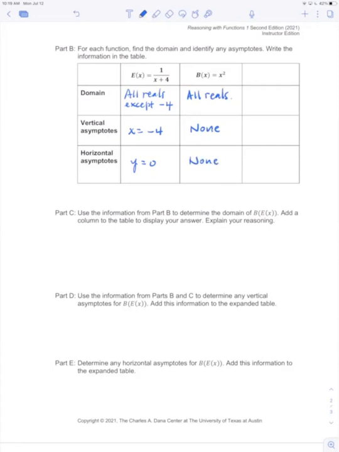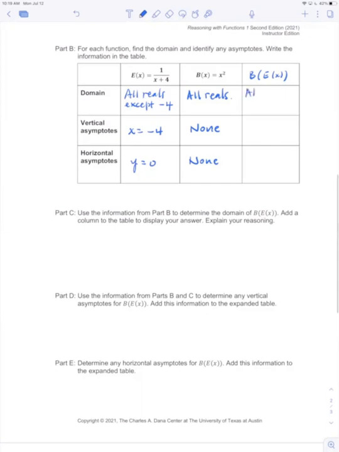Part C. Use the information from part B to determine the domain of b of e of x. Add a column to the table to display your answer. All right, so this is going to be our column here. I'll just write that in, b of e of x. So for the domain of b of e, that's going to be all real numbers except x can't be -4 again because x can't be put into the e function, so it's not going to go into b of e of x.